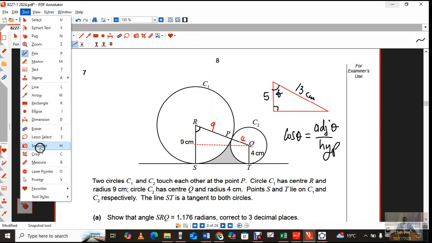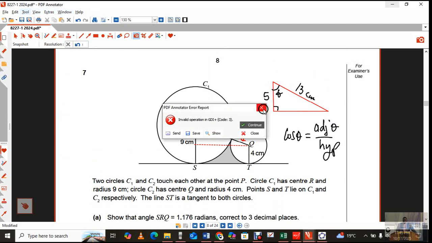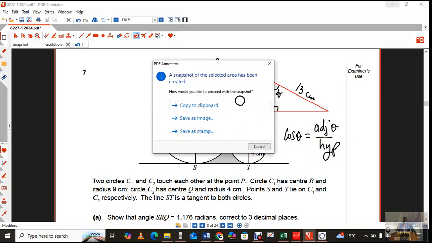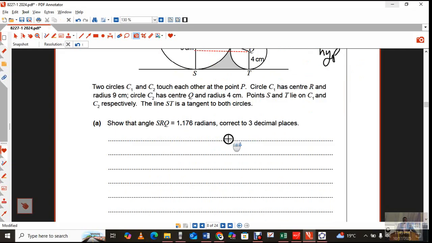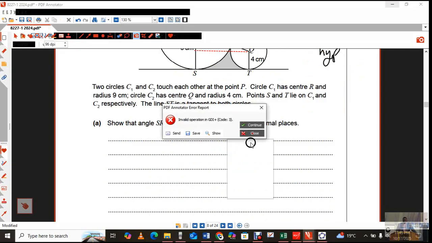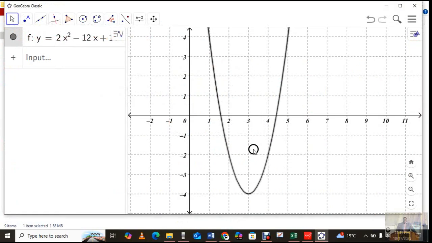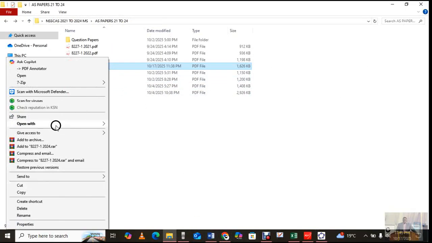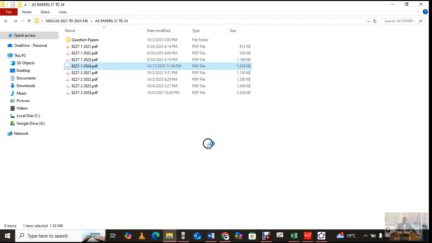Right, so here we go again. I'm going to close this and go back and open this up again, and let's see if it restores.